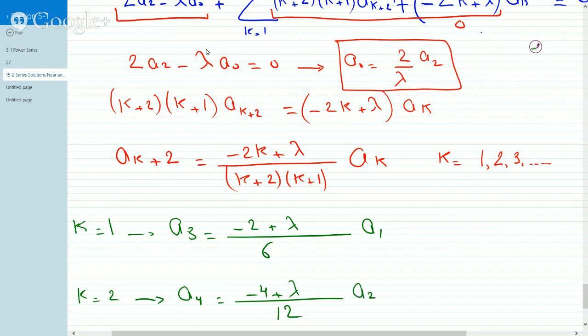But what's a2? a2 is lambda a0 over 2 from here.